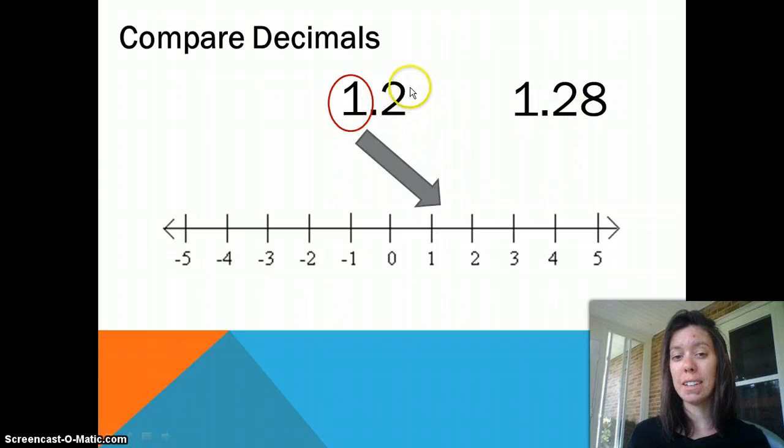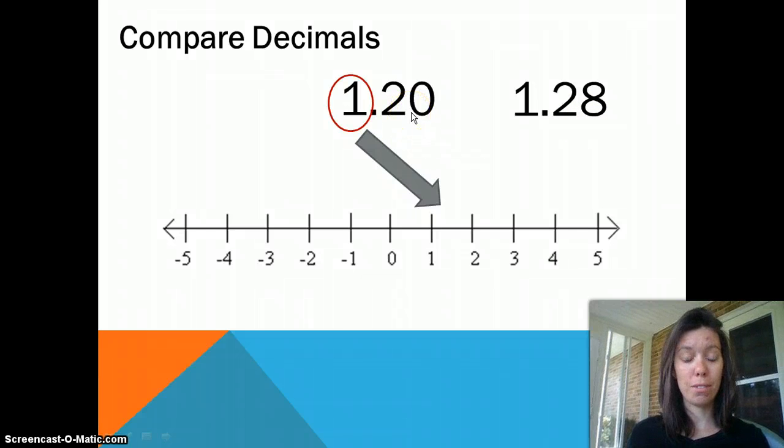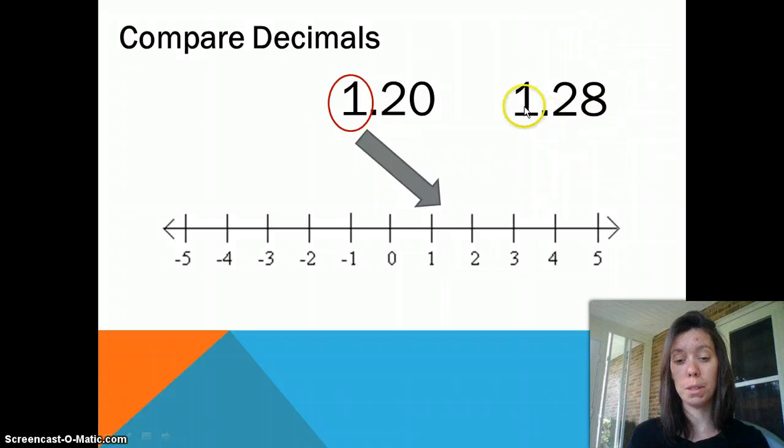So I need to add a digit to this number so that it has 2 digits after the decimal point, like this one does. It wouldn't be fair to add anything except for a 0. If you add anything other than a 0, it really changes the number. So what we want to compare is 20 with 28. Since 20 is smaller, this whole decimal number is smaller than this whole decimal number. So we would say 1.2 is less than 1.28.